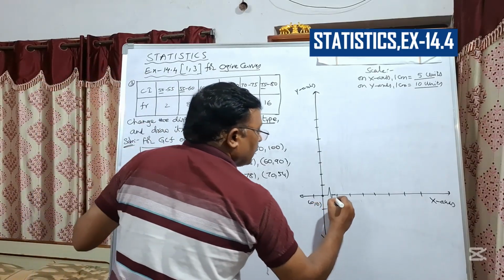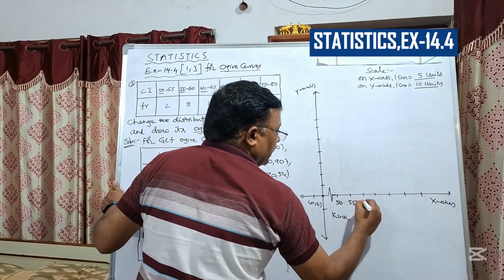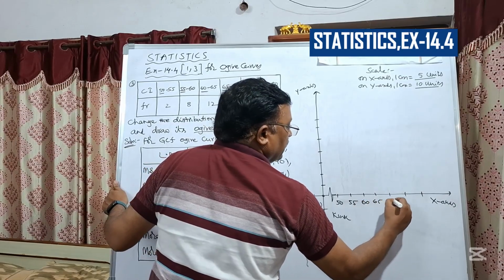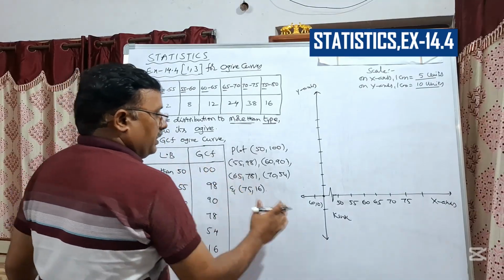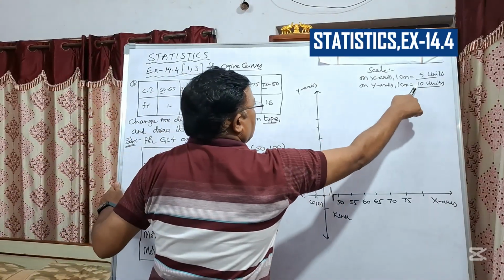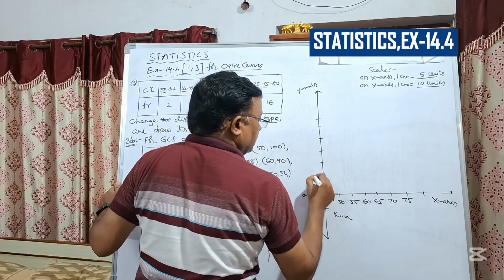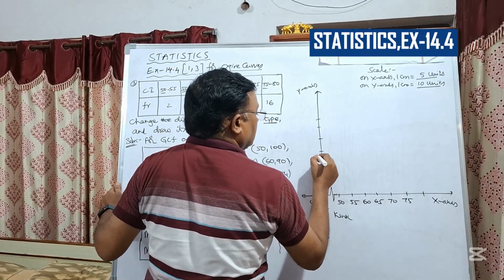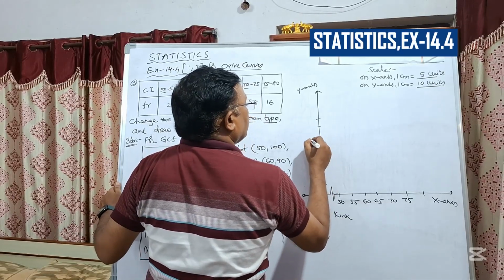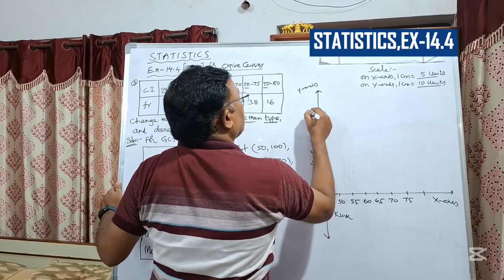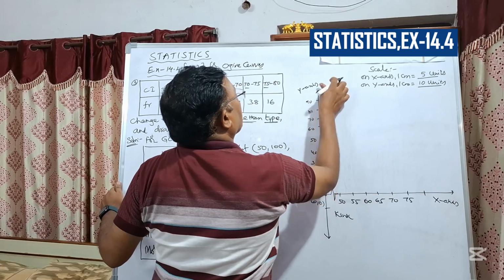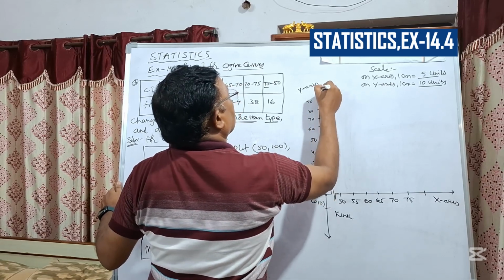That is 50. Next one 55, 60, 65, 70, 75. Those are the values. On the y-axis, 1 centimeter equals 10 units. That's why it is 10, 20, 30, 40, 50, 60, 70, 80, 90, and extend it according to our requirement.